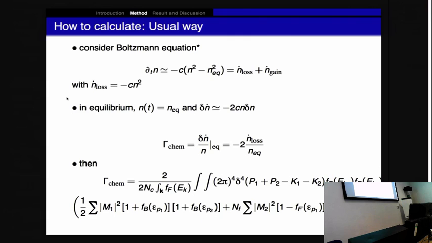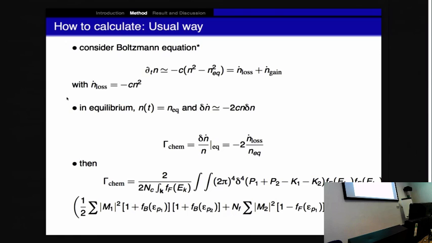All right. So how do we compute this Sommerfeld effect? Normally, one starts from the Boltzmann equation. So n is the number density. The change of number density is proportional to the difference between the equilibrium value and the value at time t, and one can consider this as two terms: a loss term and a gain term.